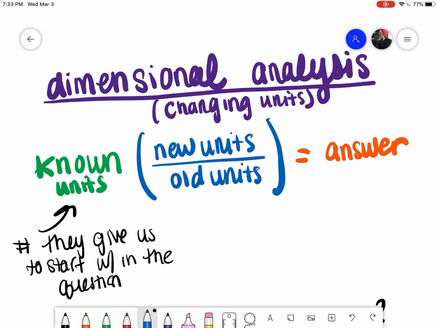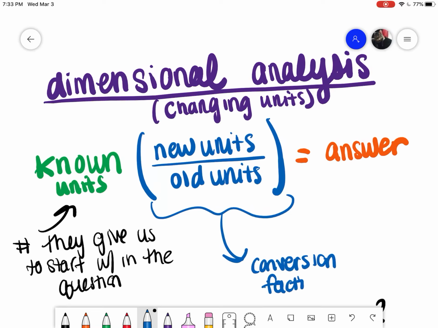The next part of our equation: we have our known units, times our new units divided by our old units in parentheses. This is our conversion factor. You're either going to get a conversion list or the question might even give you conversions.